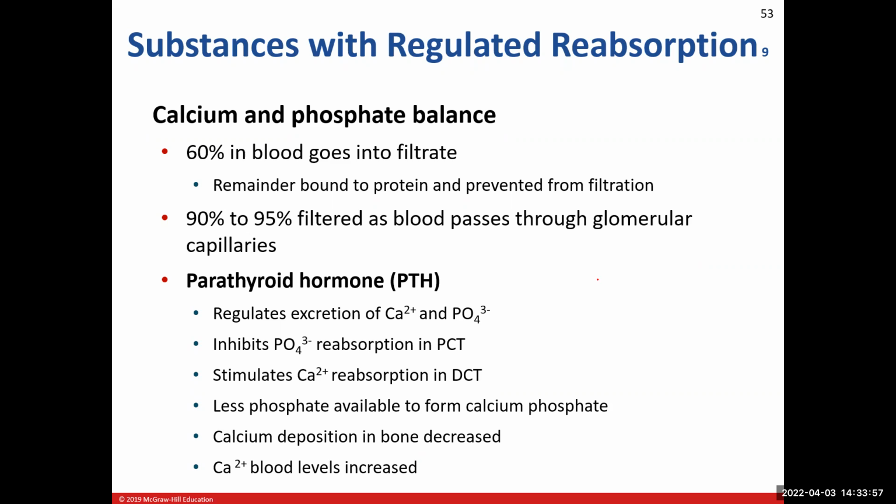We also need calcium for the proper functioning of our neurons. Hello, synaptic knobs, what's going on there? We also need calcium to help remove the troponin and tropomyosin regulatory proteins off of the myosin binding sites on actin. We need it for blood clotting. And we need it for, I'm forgetting my fourth one. It'll come back to me. Anyways, our parathyroid hormone is going to regulate the amount of excretion of calcium and phosphate.